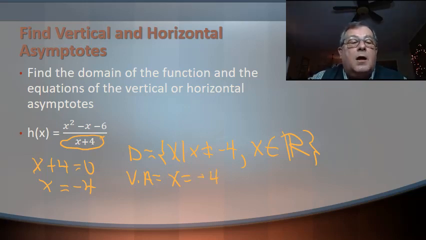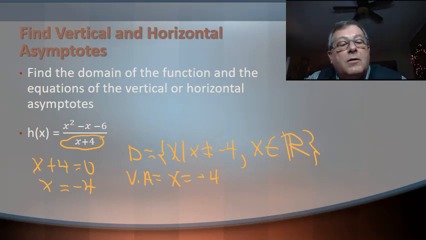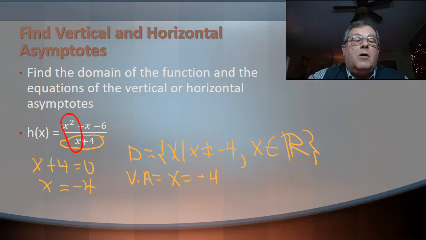Now, what about my horizontal asymptote? Now, again, on my horizontal asymptote, the only thing I'm going to consider is the power of x raised to the highest power in both the numerator and the denominator. So here I got x squared, and here I've got 1x. So the power of my numerator is greater than the highest power of my denominator.